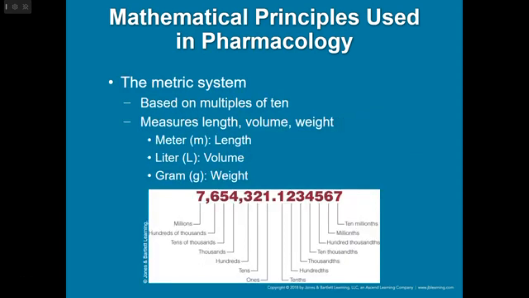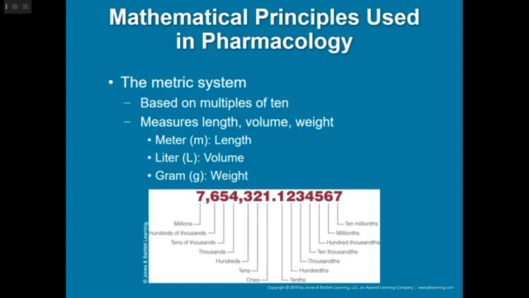The metric system, based on multiples of 10, measures length, volume, and weight. There's a nice little figure there that shows you all that. Tenths, hundredths, thousandths, all that. Everything length-based is going to be in meters, kilometers.